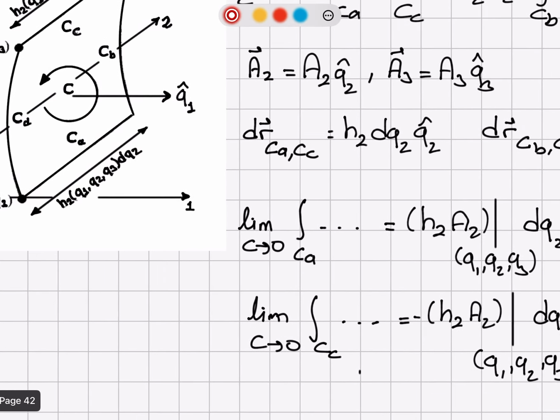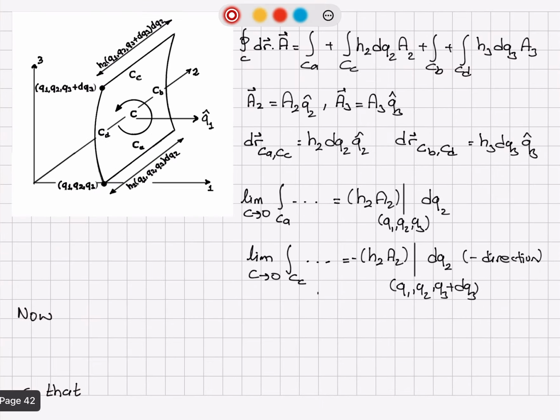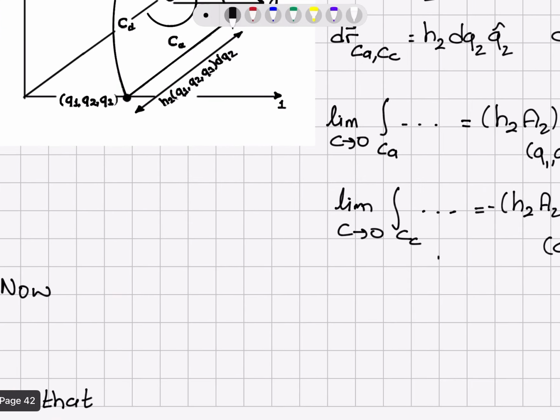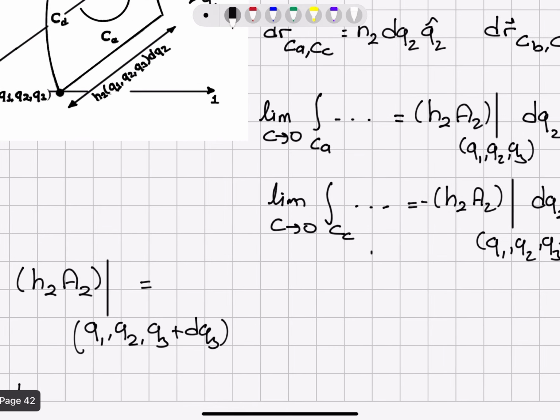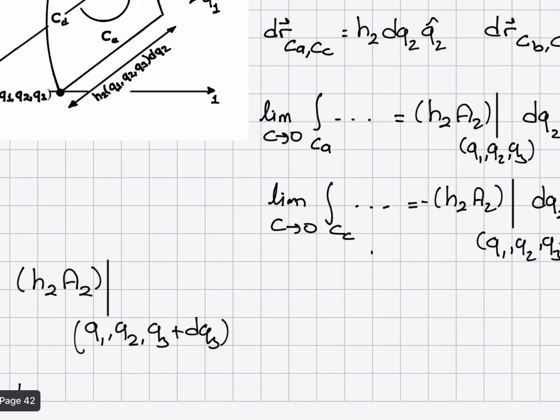The dot product will give me a minus sign here. So if I put these together for the segment on CC, let me first of all write the Taylor series expansion for H2A2 at Q1, Q2, and Q3 plus dQ3. This is going to be evaluated at dQ3 equal to 0. So the first term here will be H2A2 evaluated at Q1, Q2, Q3.